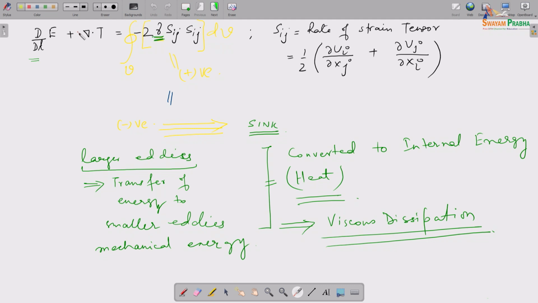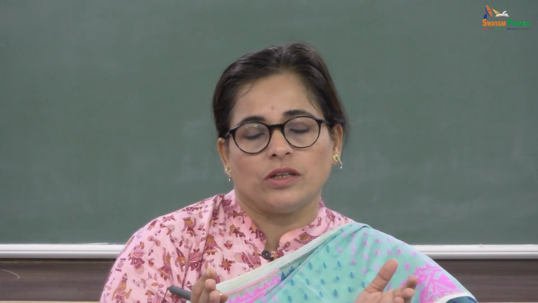Now that is happening because there is a viscosity property of the body, and this part, if you integrate, is essentially giving us the part of the energy which is being transferred due to the physical movement of the fluid across the surface of the domain that we are considering, the control surface.